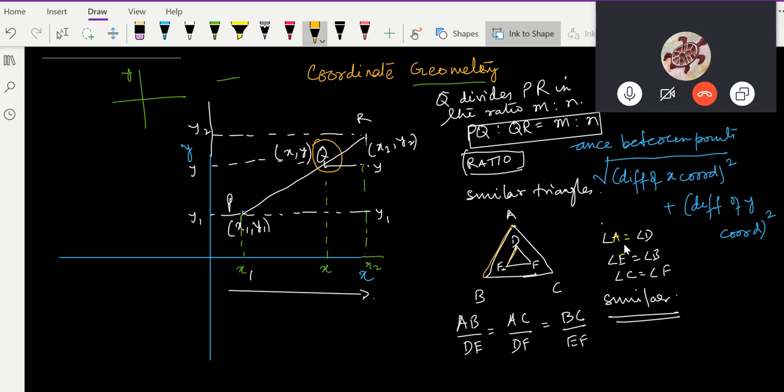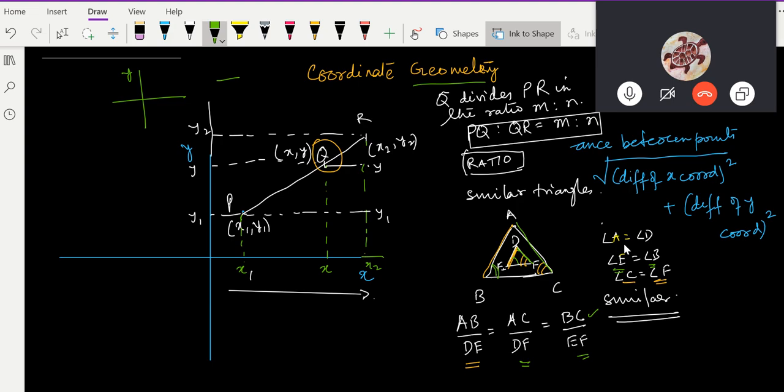AB is opposite to angle C, and angle C is equal to angle F. So when I take AB, I have to take DE. Similarly, AC is opposite to angle B, which is equal to angle E, so I take DF. And the last one is BC and EF.